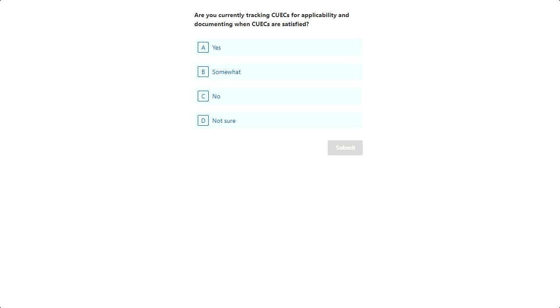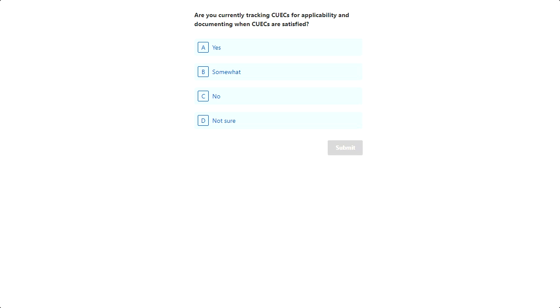So that's a good question. There's a lot of confusion around the word required. So complementary user entity controls, as defined, are required to implement by the client. They are not required in a report if they don't exist. So what I mean by that is a complementary user entity control is truly the vendor saying, hey, our product or service is not going to work unless you do this control.